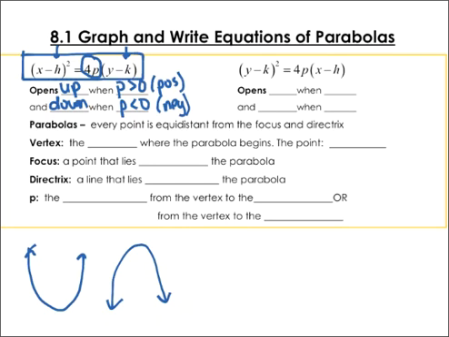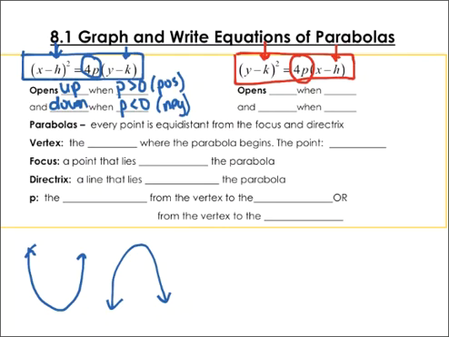All right, look at the other formula here. If you glance, it's going to look very, very similar, except notice here that we've got the y squared. y is squared, where over here you had x squared. So we'll talk about this in a little bit here, but you've still got your h connected with your x, you've got your k connected with your y, and then again there's that 4p.